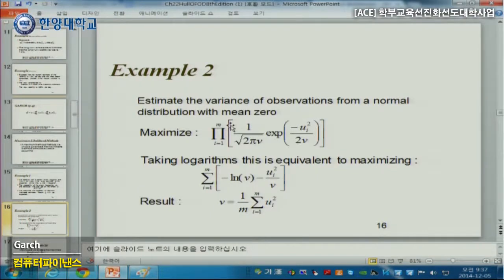But we have whole data. We have data of daily returns for the last m days, right? Therefore, this is all joint probability, and the way to get the joint probability is multiplying each other, right?